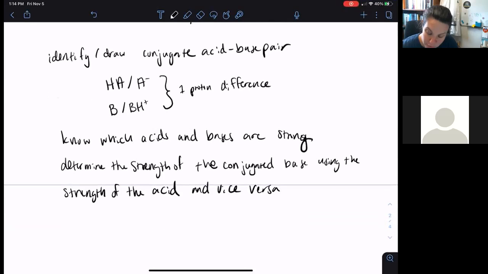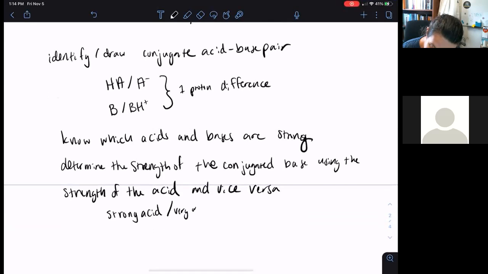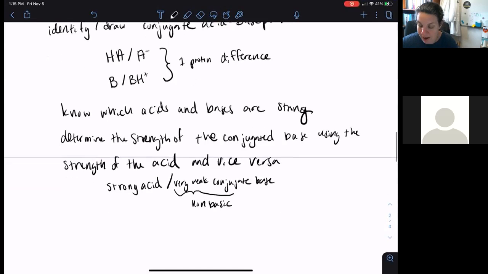So we know if we have a strong acid, we're going to have a very weak conjugate base. Generally, we consider this to be non-basic if it's a strong acid.